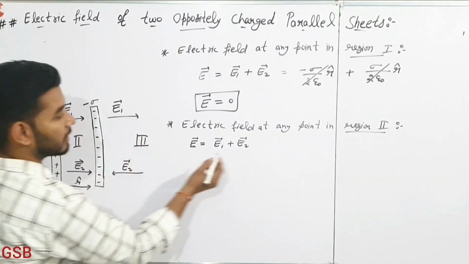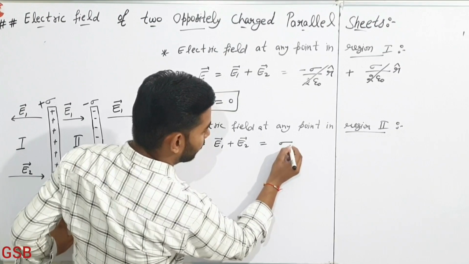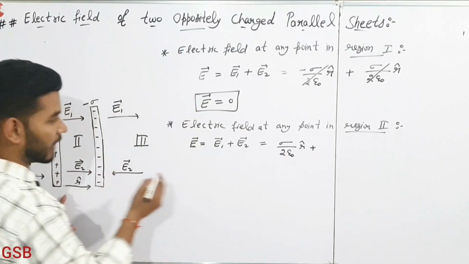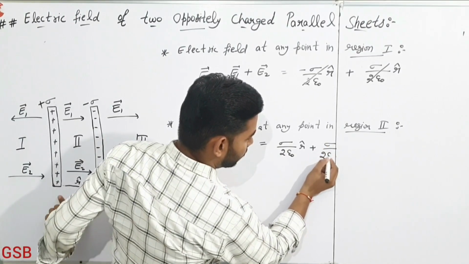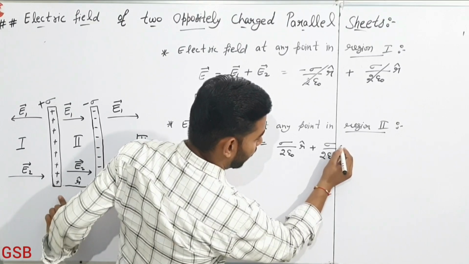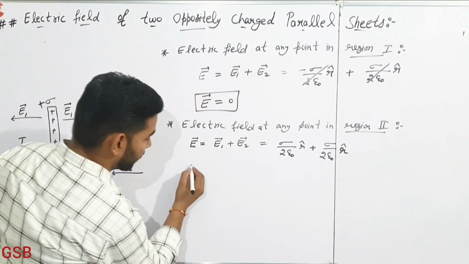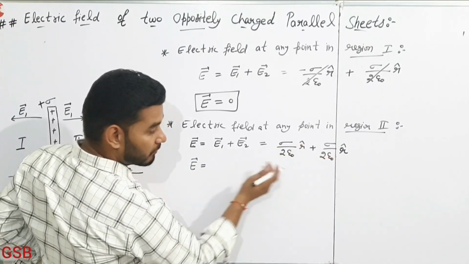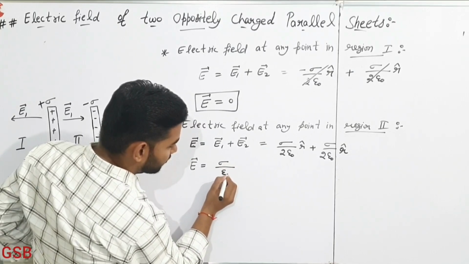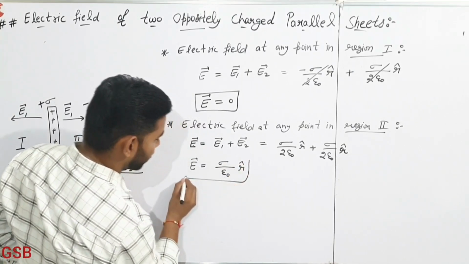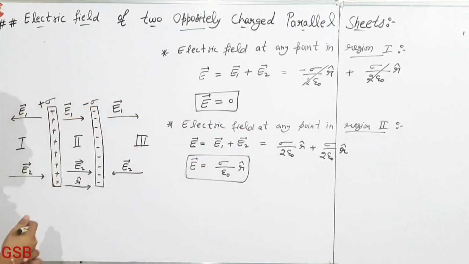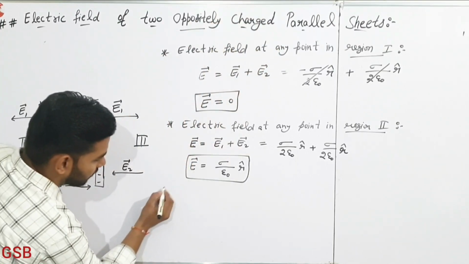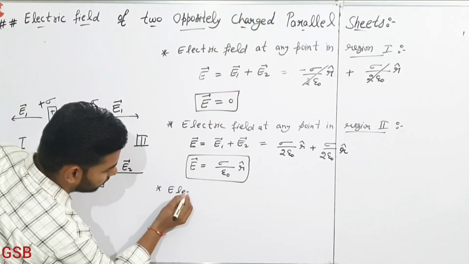So E1 is given as sigma by 2 epsilon naught r cap, plus E2 is also sigma by 2 epsilon naught r cap. The two factors are the same, so the resultant is sigma by epsilon naught r cap. This is the total electric field in region second, between the two given plates having surface charge density.